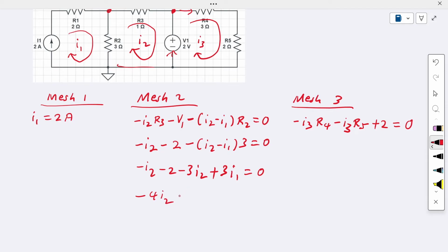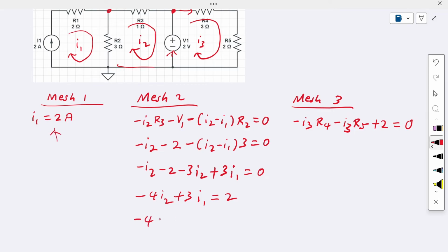Okay, so now we have minus I2 minus 3I2, we get minus 4I2, and then plus 3I1 must be equal to 2. Now we have an equation with 2 unknowns. So we can substitute the value of I1 here to find I2. Remember, this is I1.